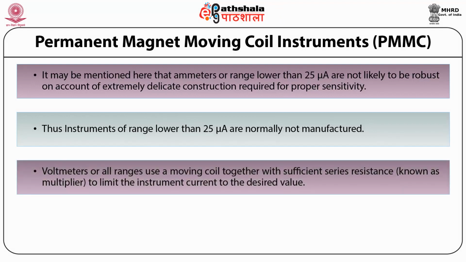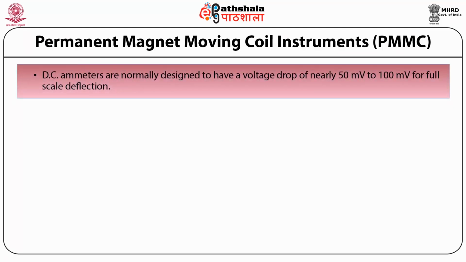Voltmeters of all ranges use a moving coil together with sufficient series resistance, known as multiplier, to limit the instrument current to the desired value. DC ammeters are normally designed to have a voltage drop of nearly 50 millivolts to 100 millivolts for full-scale deflection.